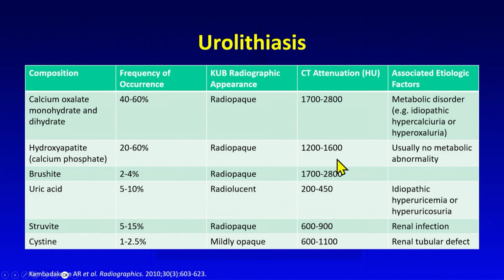So all the stones we can see are actually dense on CT. And then you get into other varieties like struvite stones that are usually associated with chronic renal infection. And if you want to get really fancy, you can do dual energy CT to do the stone composition analysis. Our clinicians haven't really asked us to do that, so that's not something that we do on a clinical routine basis.